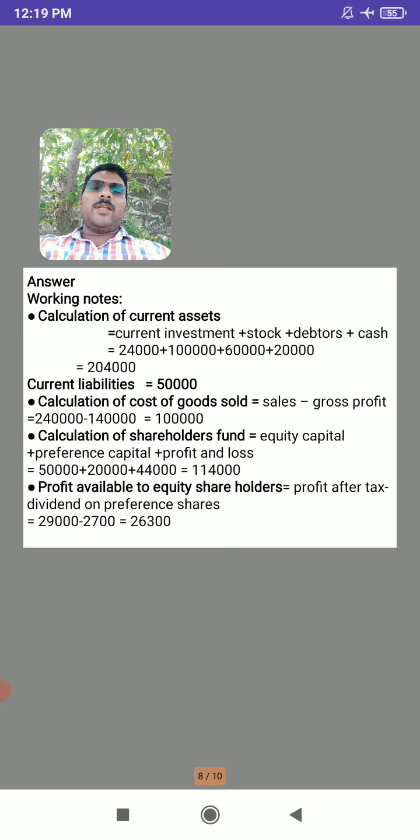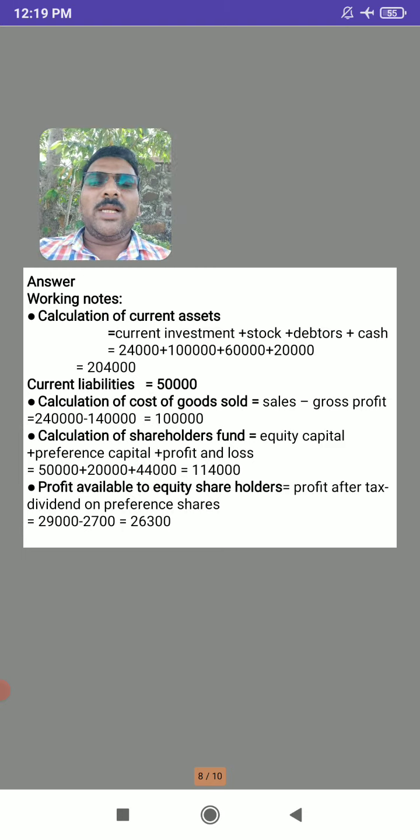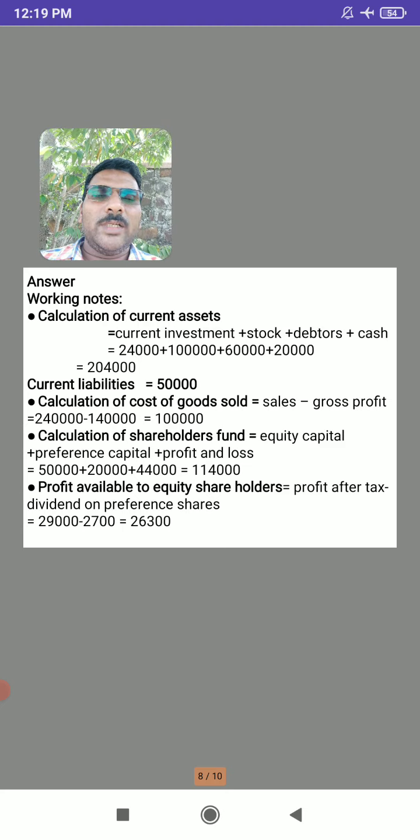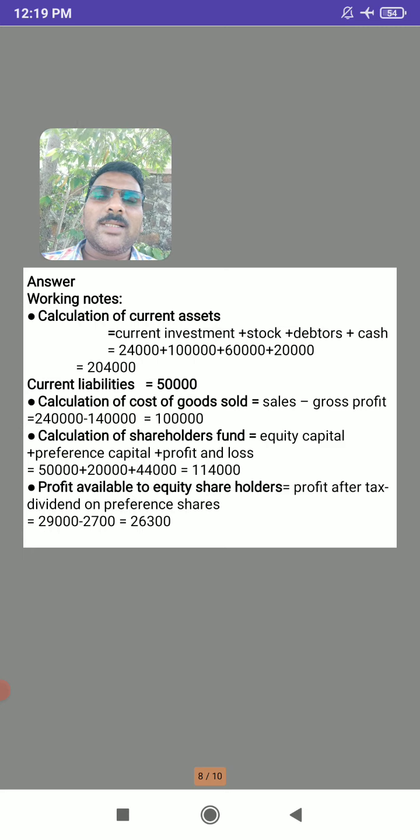First, for calculation of the current ratio we need current assets. In this problem, the current assets are current investment of rupees 24,000, stock rupees 1 lakh, debtors 60,000, cash 20,000. So in total we have current assets of 2 lakh 4,000, and current liabilities of 50,000.